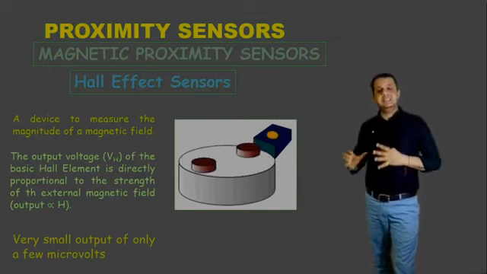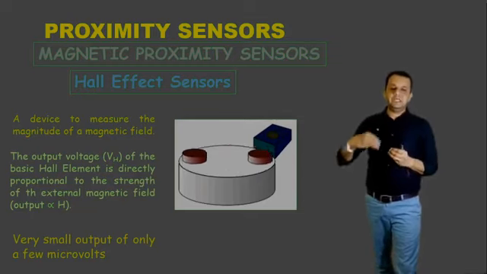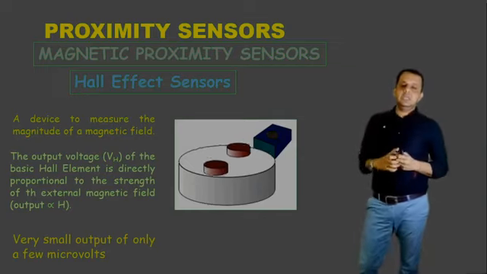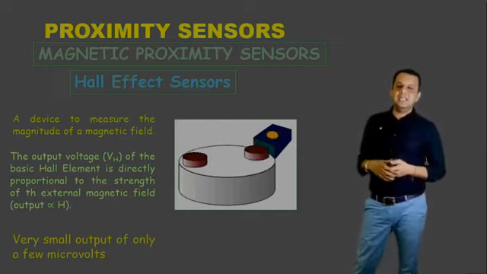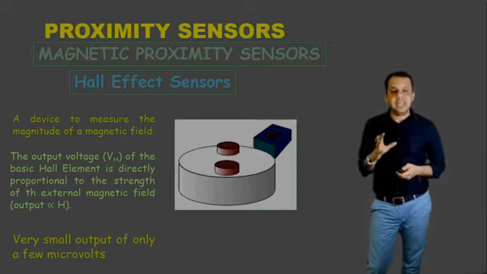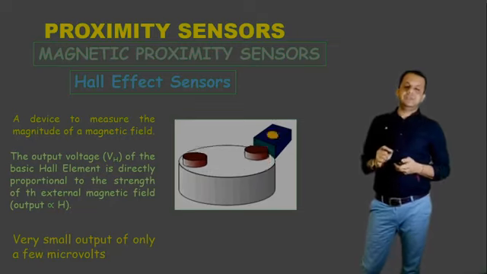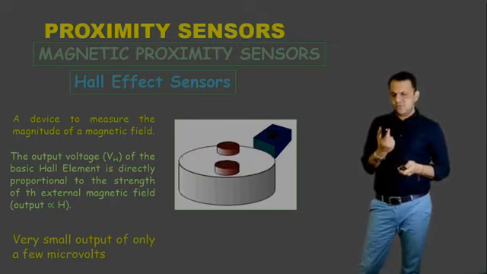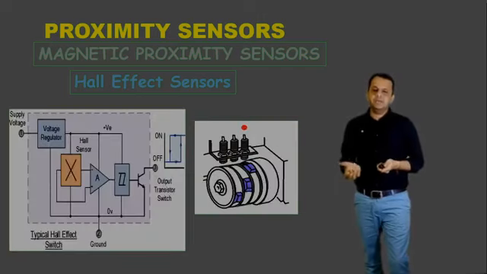Here the target has magnets on it, and whenever that magnet passes through, it gives the output voltage. Here we say the Hall voltage VH is proportional to the strength of the external magnetic field. VH will be induced in our sensor. It will be very small, in some microvolts, so obviously we need an amplifier.